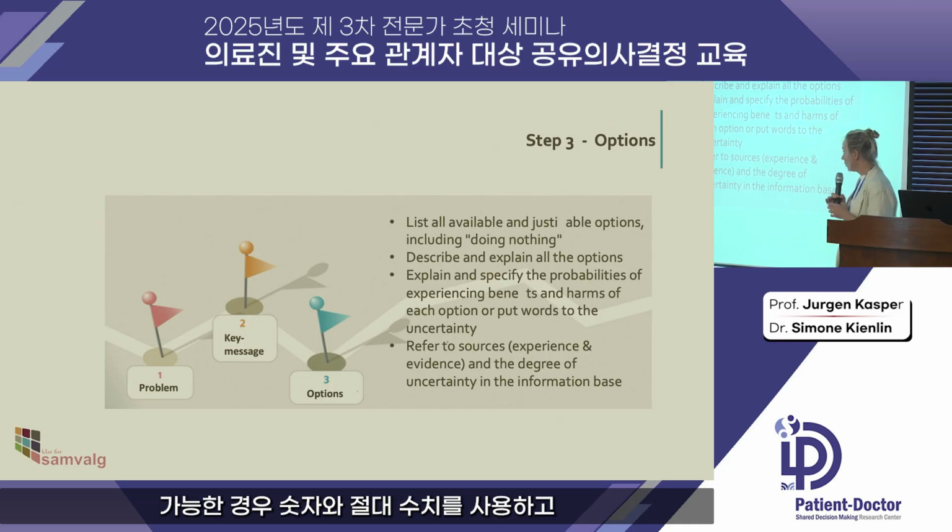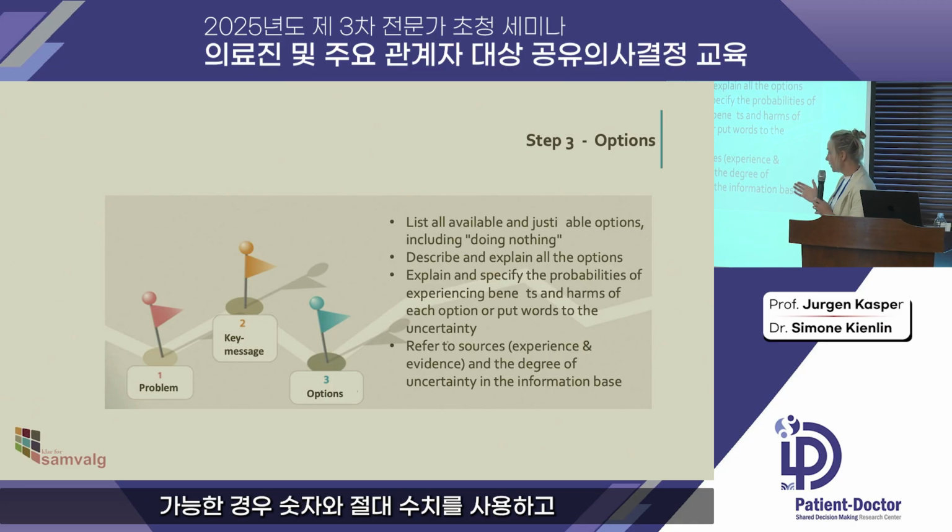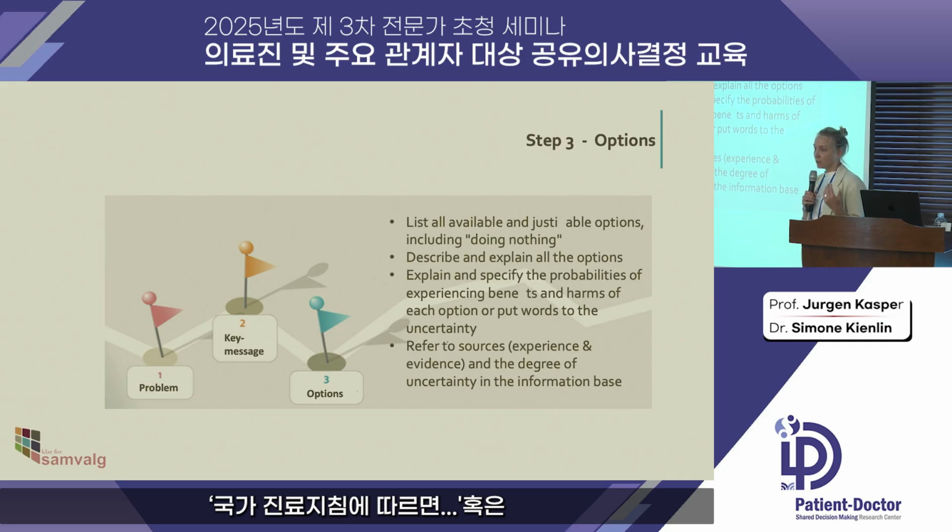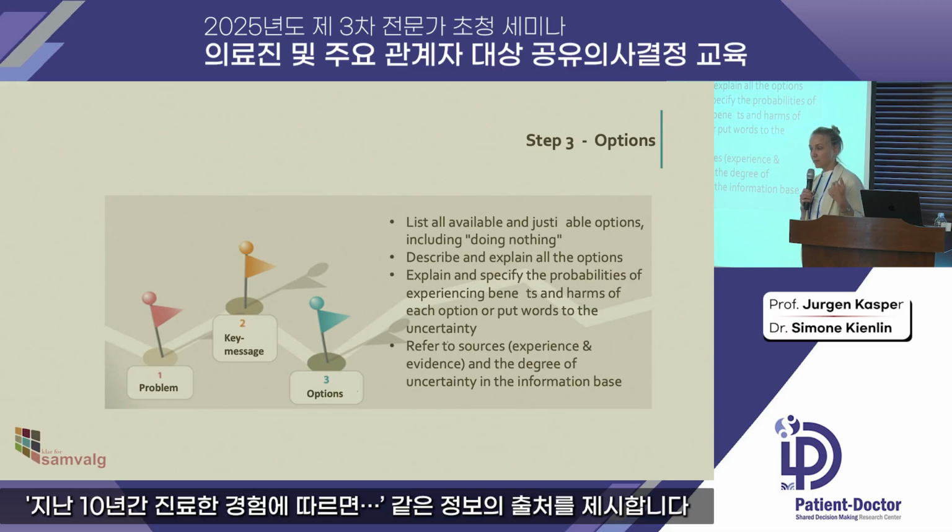And of course, if we have numbers, present the absolute numbers, and also refer to sources. Like in our national guideline, it says that, or in my experience as a clinician in this hospital for 10 years. So then we define the sources of the information.